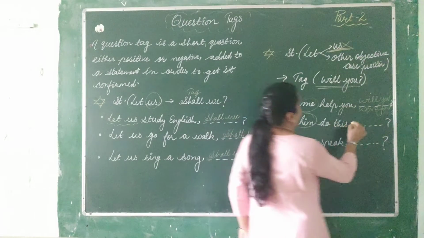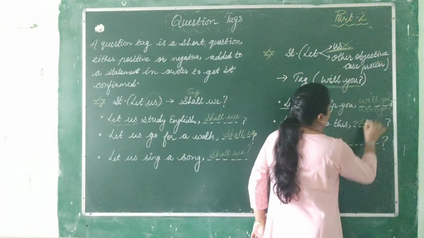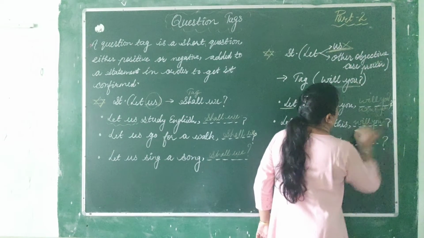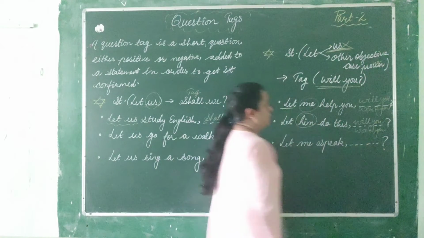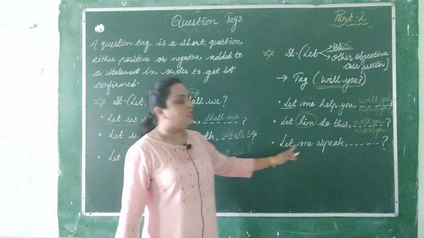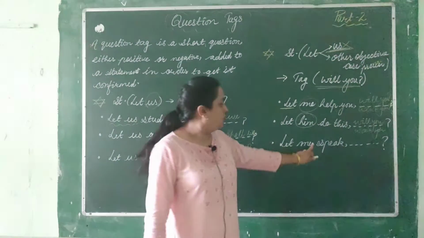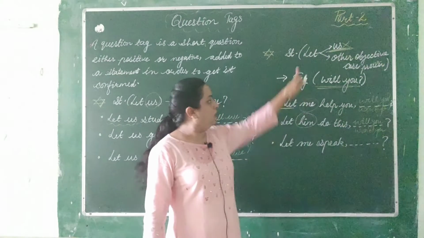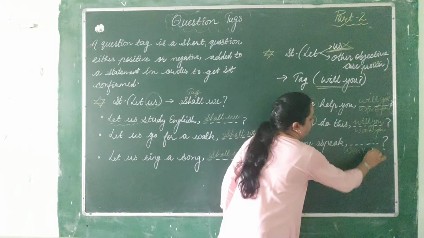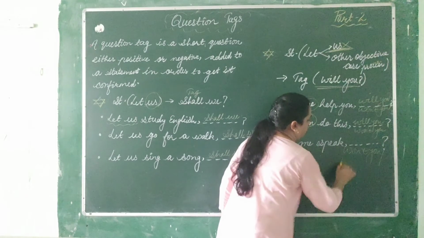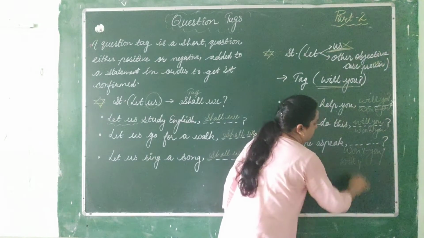So let him do this, will you or won't you, and question mark. Let me speak. Once again it is "me", other than "us". So it is what? "Won't you" or "will you".